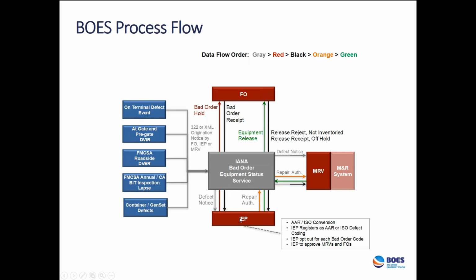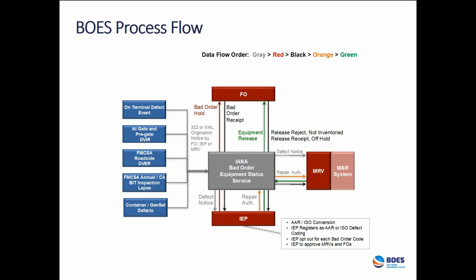It would call the GEAR application based on the alphanumeric of the equipment to see who that IEP was. We'd then identify the IEP for that location. We'd identify who they had designated as the facility operator and maintenance and repair vendors for that specific location, and then a 322 or XML or email, whatever communication method those parties had selected, would receive the bad order information from BOES.